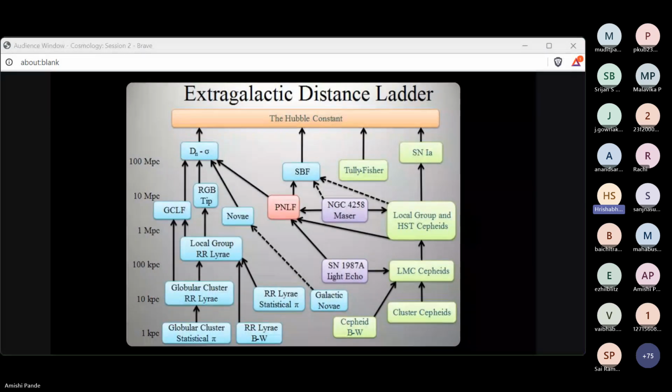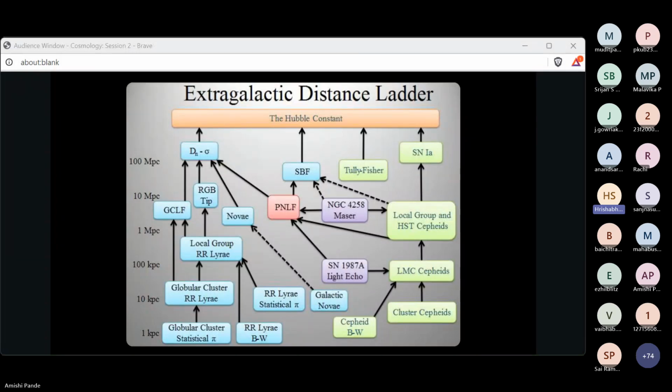Here, you are seeing various sources of data for the Hubble constant, depending upon the distance we want to probe. At 1 kiloparsec, we have certain stars and clusters, and as we keep increasing our distance, we use objects at different distances and find different values of the Hubble constant.